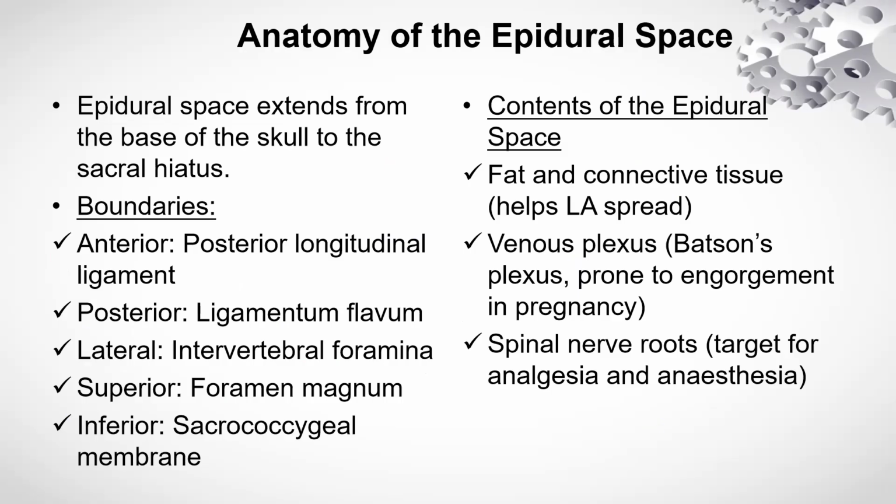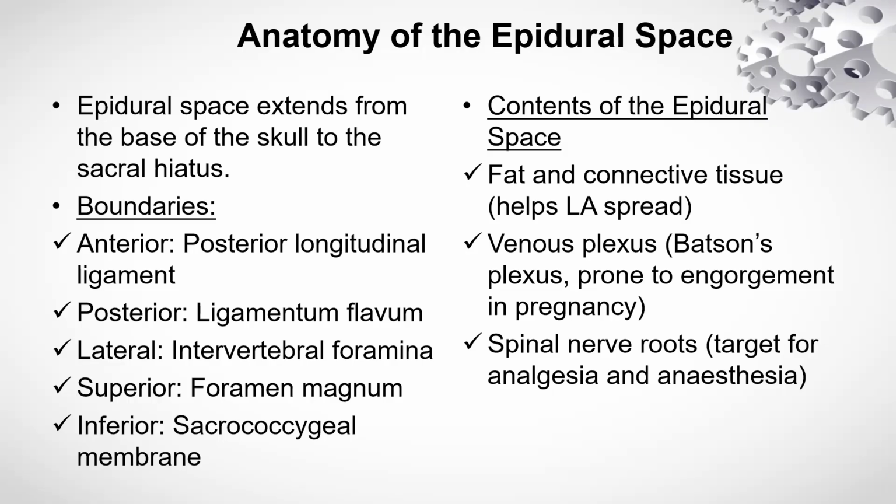Boundaries of the epidural space: anteriorly, we have the posterior longitudinal ligament, we have the ligamentum flavum posteriorly, and laterally we have the intervertebral foramina. Superiorly at the base of the skull, we have the foramen magnum, and at the sacral hiatus it is covered inferiorly by the sacrococcygeal membrane.